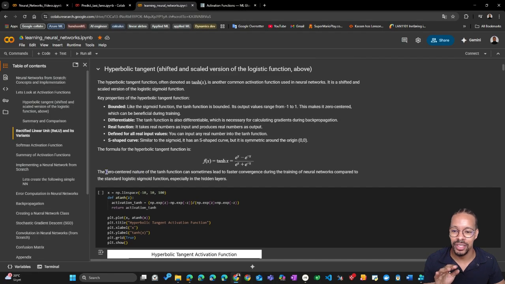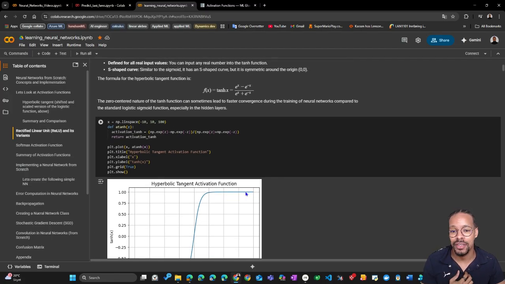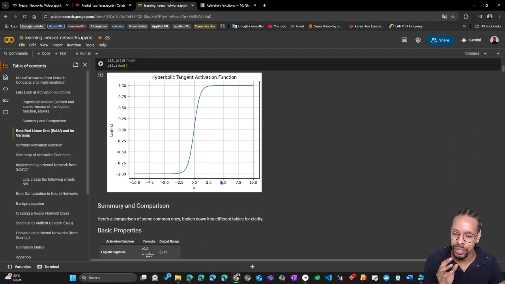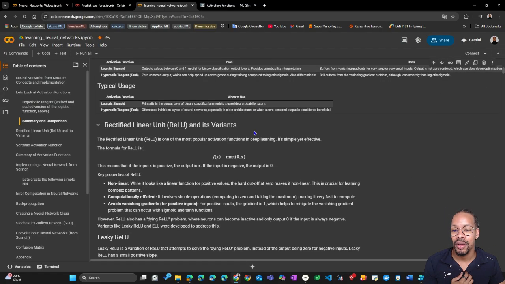This zero-centered nature leads to faster convergence, but we also have the similar problem of the vanishing gradient. You can see it's zero centered. This is the pro, and it still suffers from the vanishing gradient problem, although it's less severe than the logistic sigmoid.